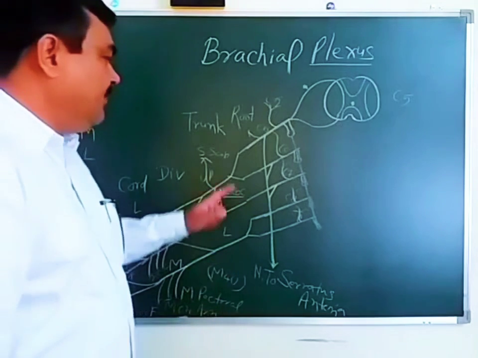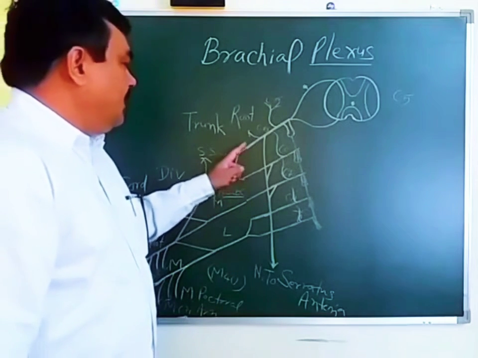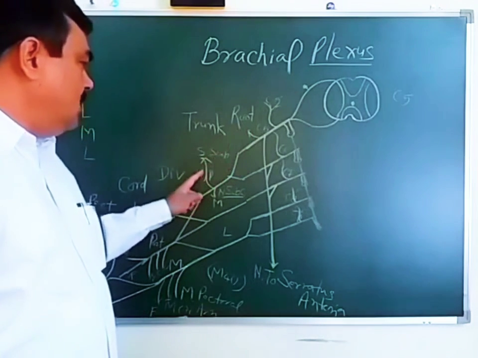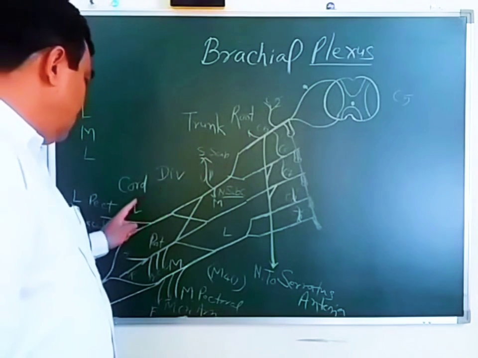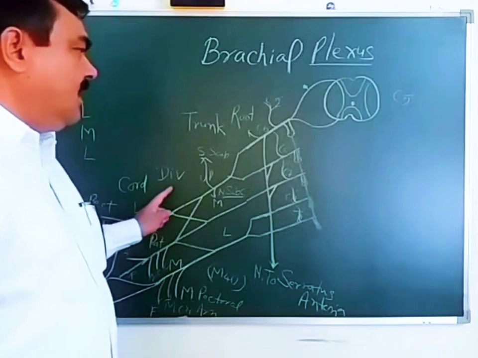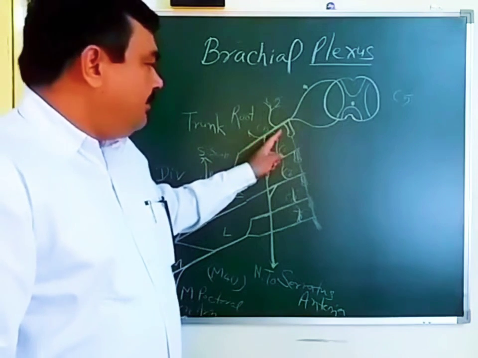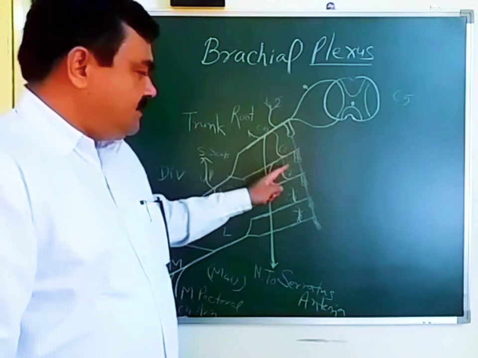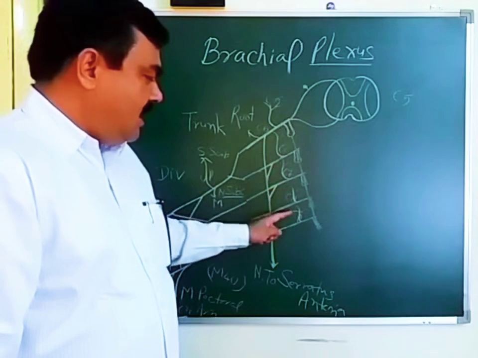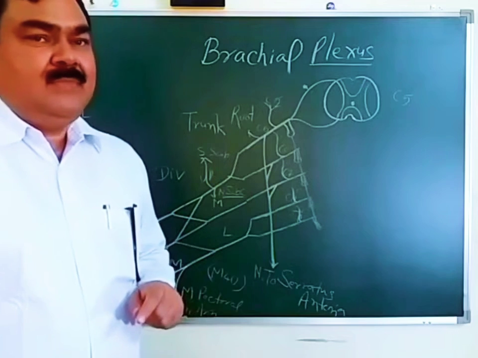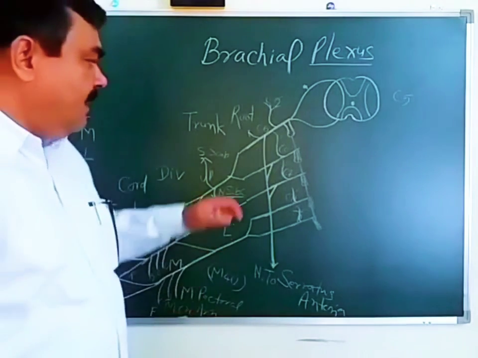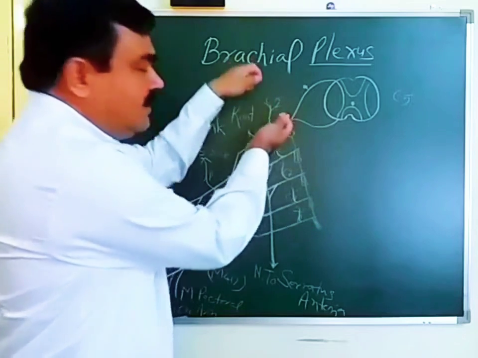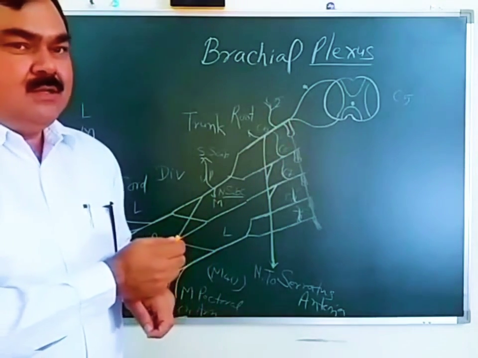So remember, brachial plexus has 4 parts: root, trunk, division and cord. And the roots arise from C5, C6, C7, C8 and T1. In some cases, this whole system may shift one segment upward.